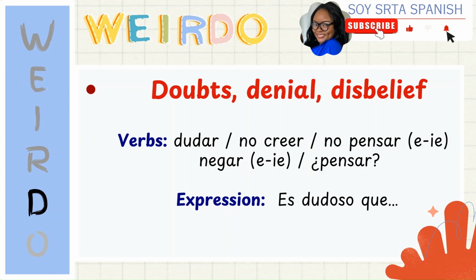Negar, which is a stem changing verb from E to IE, yo niego, is to deny, while pensar, once again, is to think. But if you're asking it as a question, do you think that, that is also disbelief and a space for the subjunctive to be used.